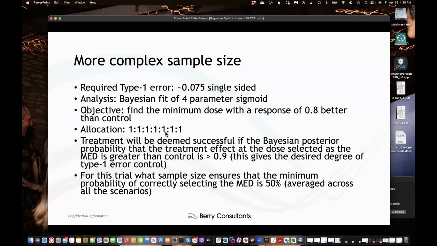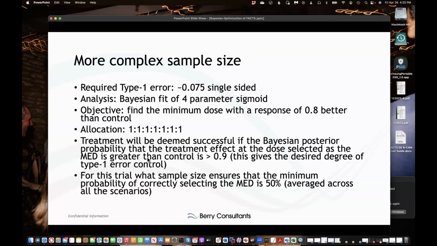Our allocation, at this point, is going to be very simple, just equal allocation across the doses. And our treatment success will be if the Bayesian posterior probability that the treatment effect at the dose selected as the MED is greater than control is greater than 0.9. And that gives us roughly the type 1 error control we require.